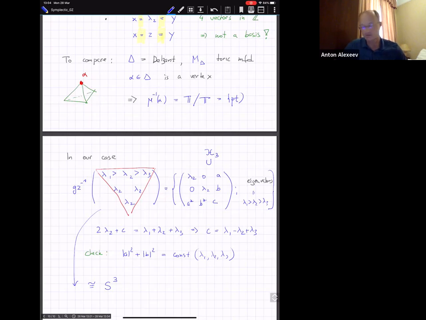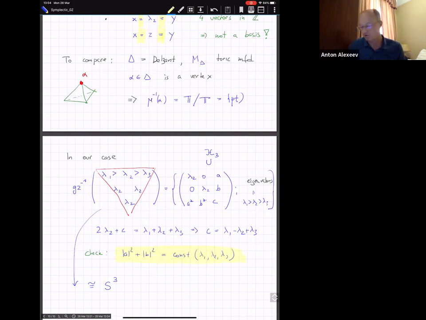So I have these Hermitian matrices of this particular form, and we have lambda 1 bigger than lambda 2, bigger than lambda 3. That's the description. Now it turns out that the only interesting condition is this one.